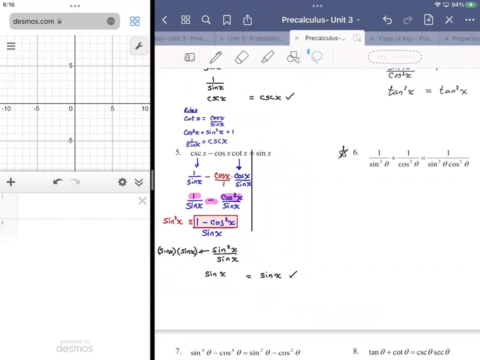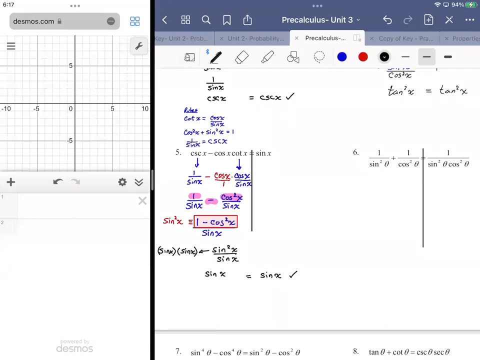So then number 6, 1 over sine squared plus 1 over cosine squared somehow is going to be equal to 1 over sine squared theta cosine squared theta. All right, so impenetrable barrier. If I'm going to add these two fractions, I'm going to do it by getting a common denominator. So I'm going to multiply top and bottom of my first fraction by cosine squared theta.